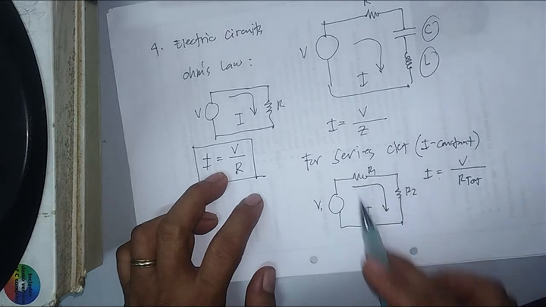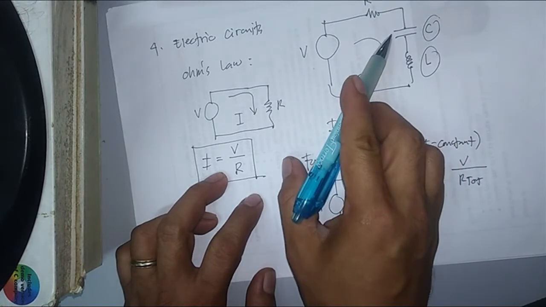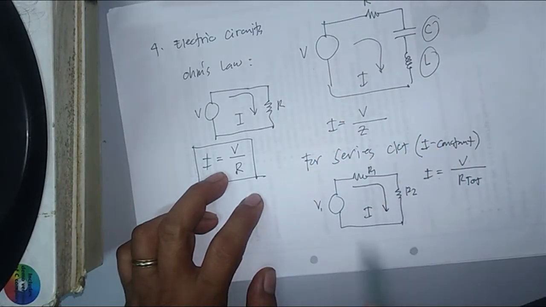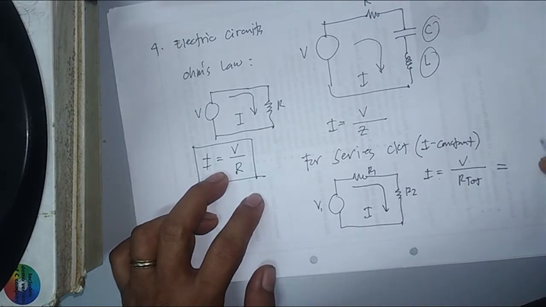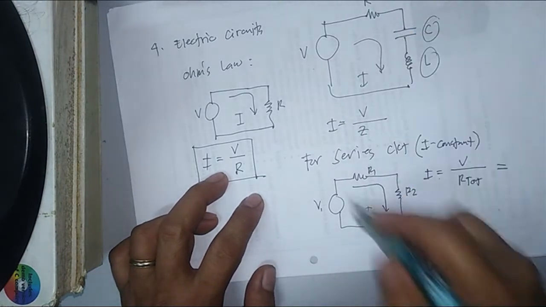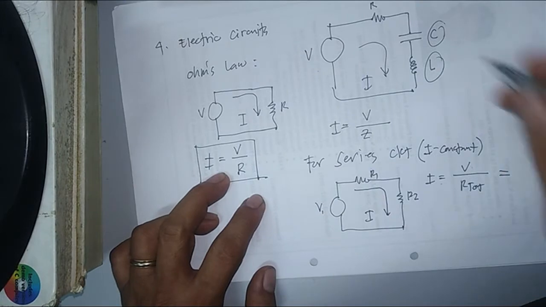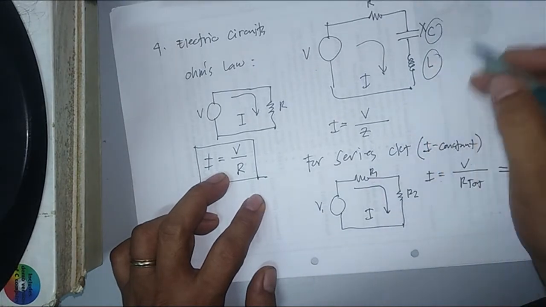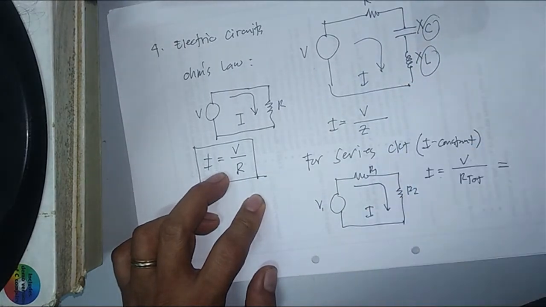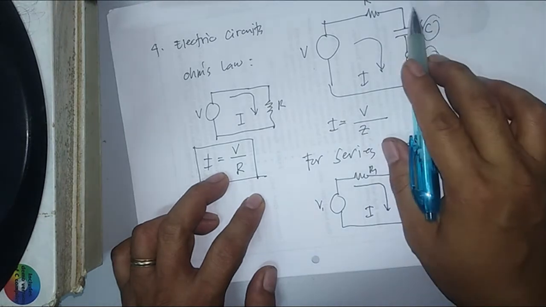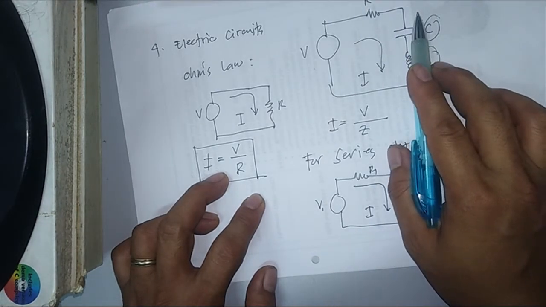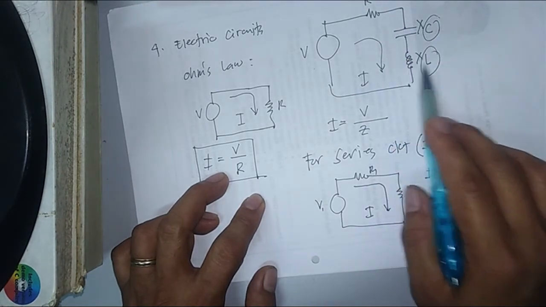So if this is the combination of your capacitance and your inductance, take note, if this is a series circuit, a combination of capacitance, we will label that as XC, inductance, we will label that as XL. Now, C here is your capacitor, L here is your inductor, that's the symbol.